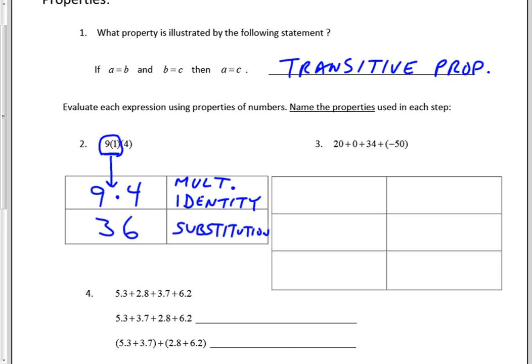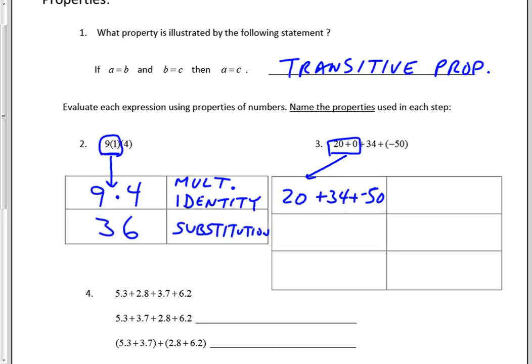Otherwise, it's just substitution. Like in number 3, if I do this first, what's 20 plus 0? 20. And I just show one step at a time. What do we call it?